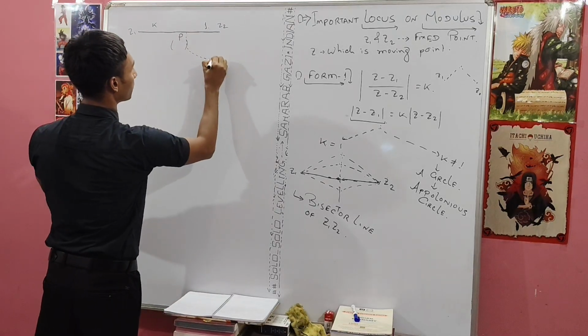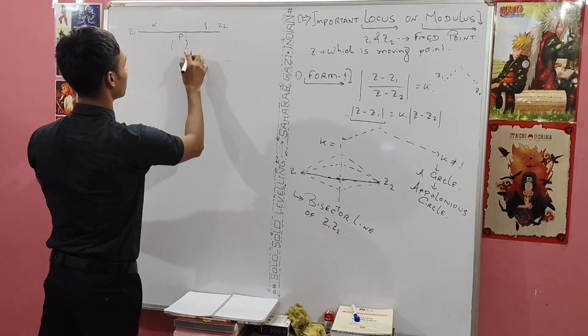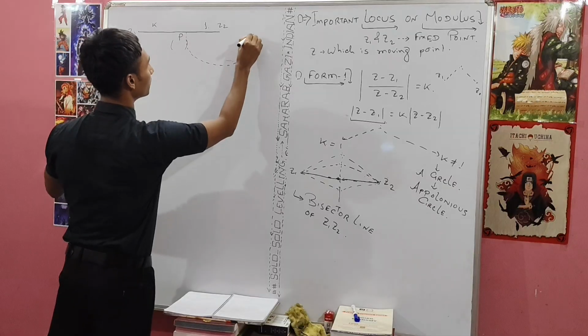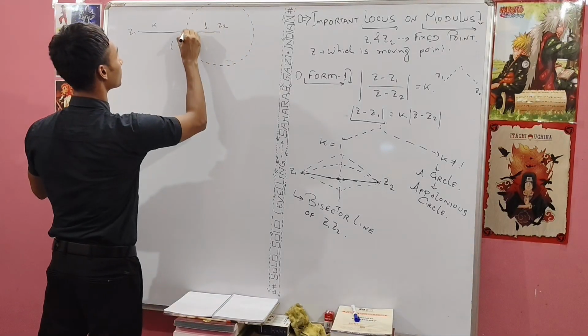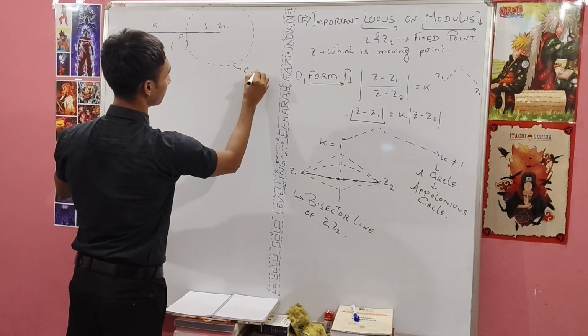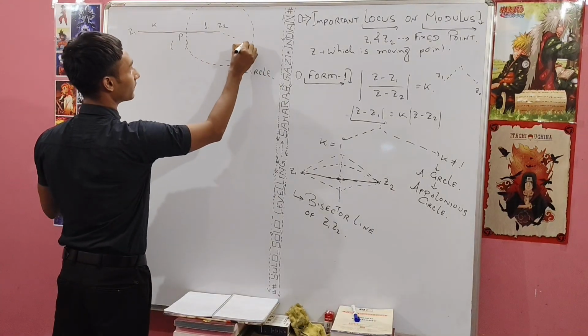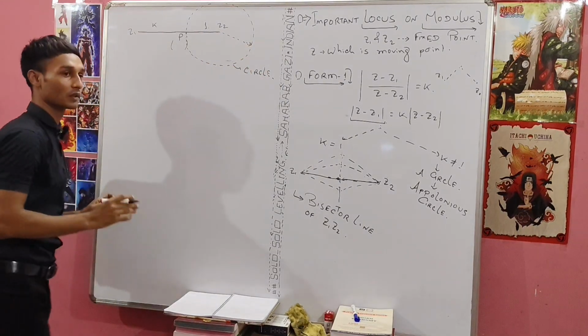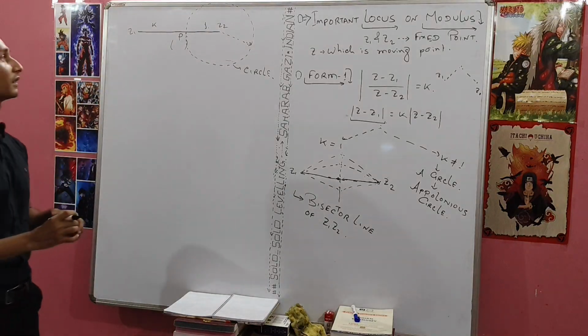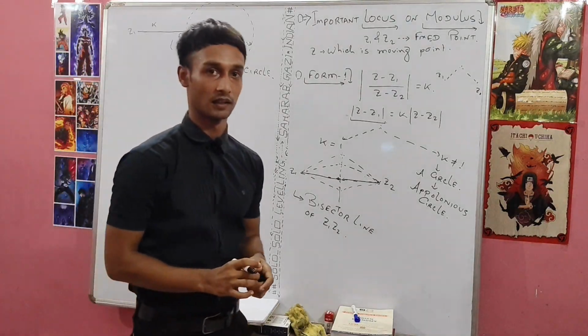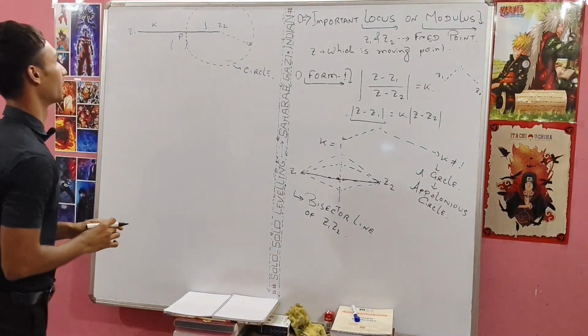If we draw a circle with radius 1 unit, this is the circle. Remember, this one is not the actual one, it's 1 unit as compared to this k. This you have to remember.